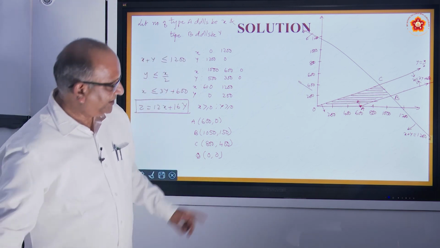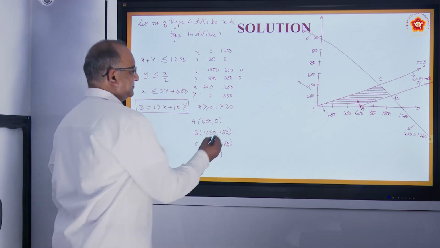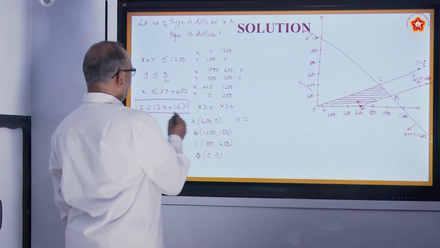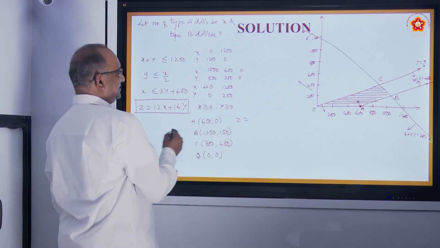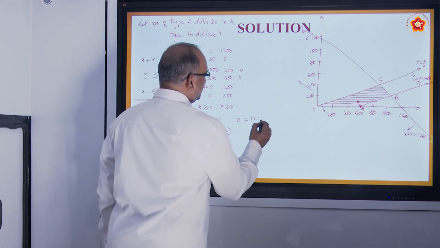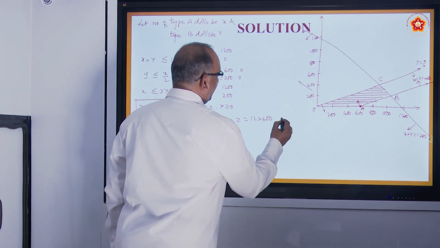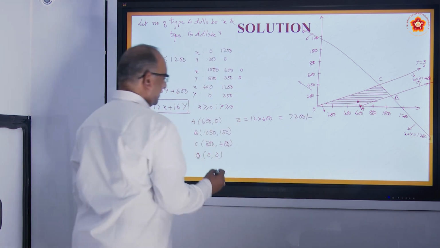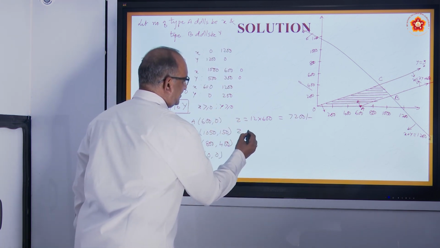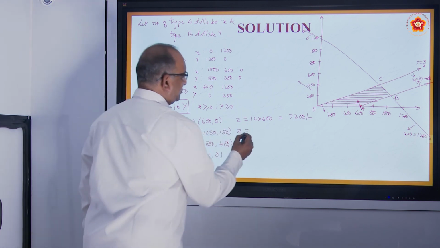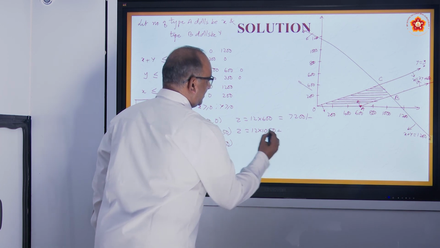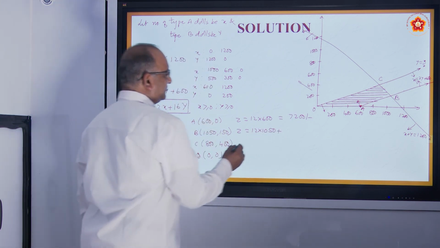Let us find out in each case what is Z. Z is equal to 600, 0. Remember, this is the optimization function. So 12 into 600. Second one, 12 into 1050 plus 16 into 150.